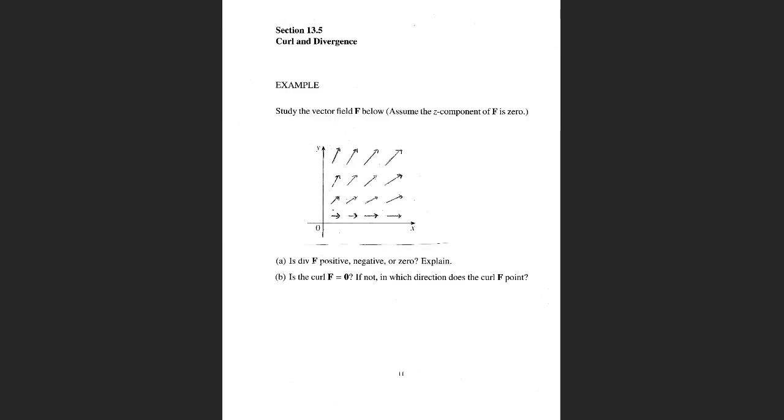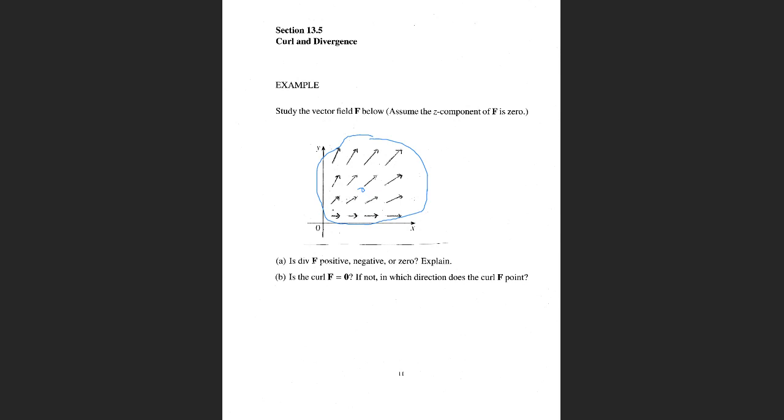This makes sense because if we look at how the vector field's behaving, whether you move in the x direction or the y direction, or a combination of both, what seems to be happening to the rate of change flowing from the origin or from any point in the field?